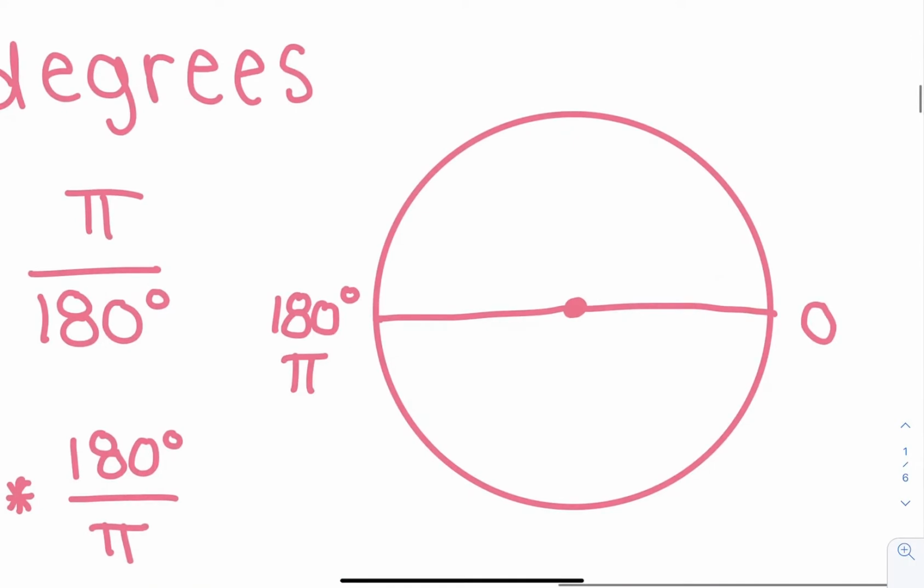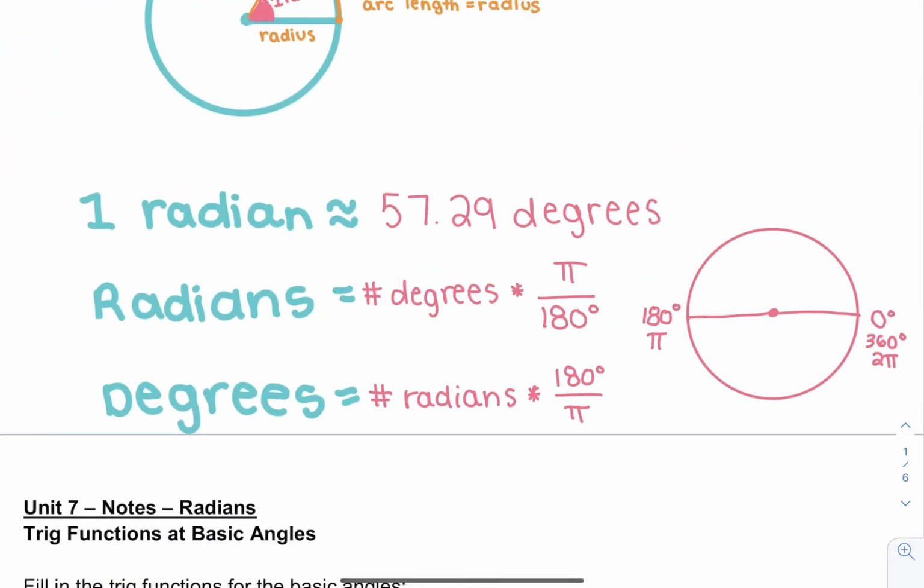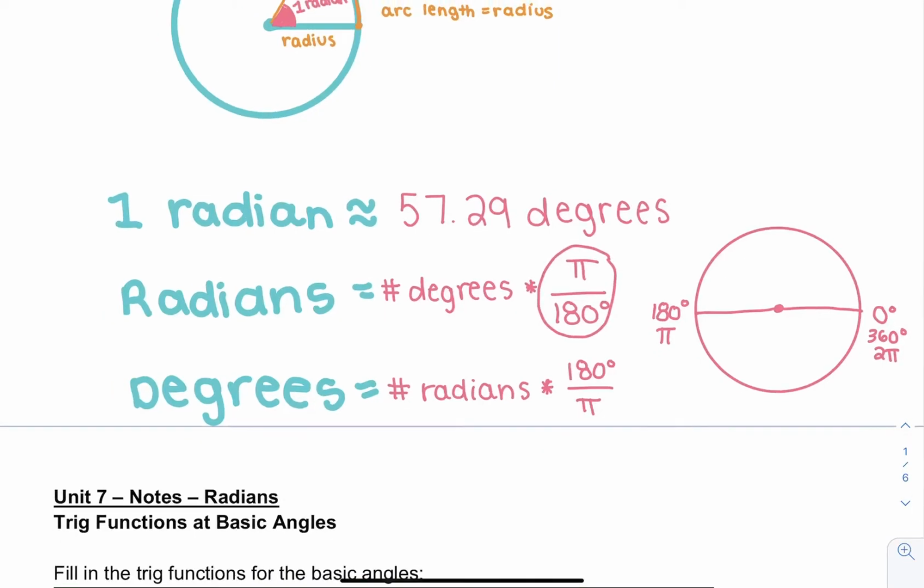And then 360 degrees all the way around is the same as 2 pi. So instead of saying I spun 360, I spun all the way around, you could say you spun 2 pi radians. So that's where this little conversion comes from, because you know pi is equal to 180 degrees.